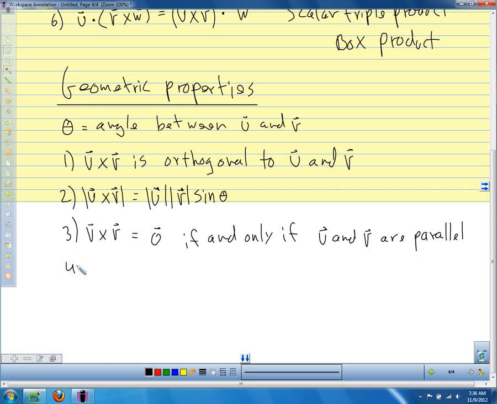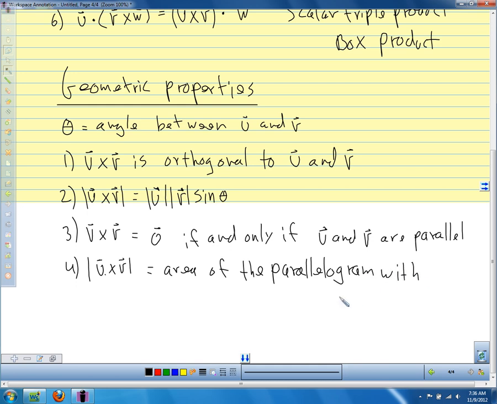Our fourth geometric property: the magnitude of U cross V is the area of the parallelogram with vector U and vector V as adjacent sides.